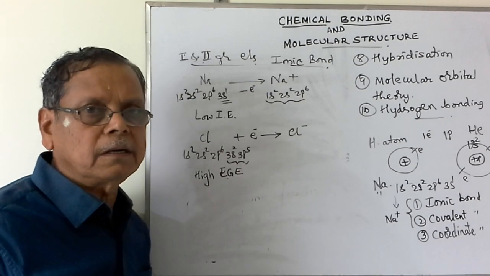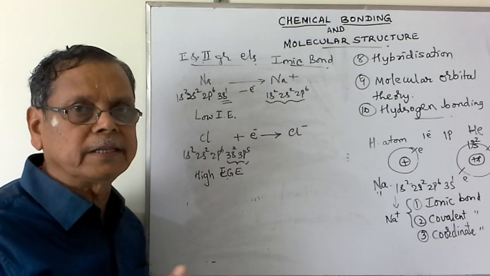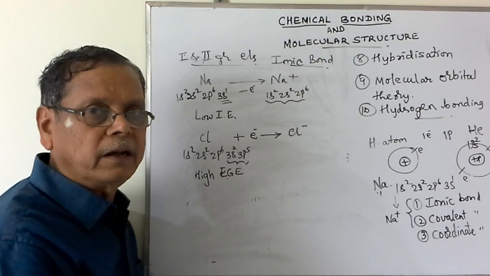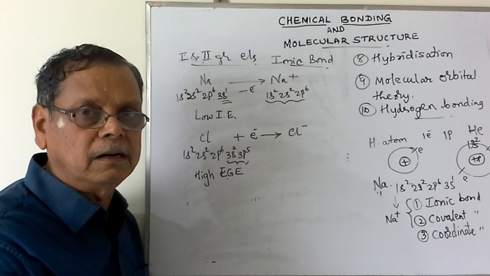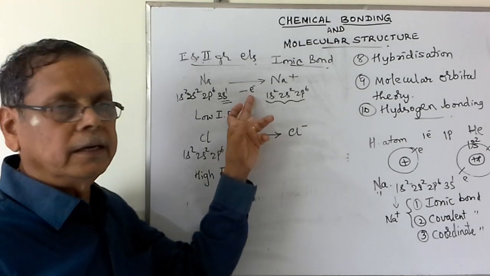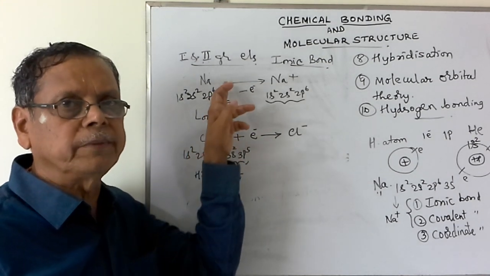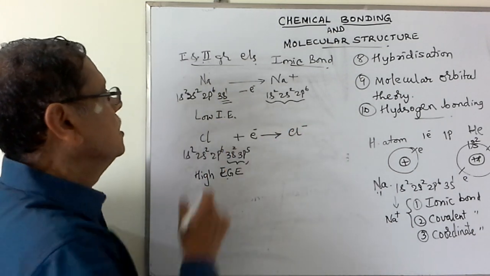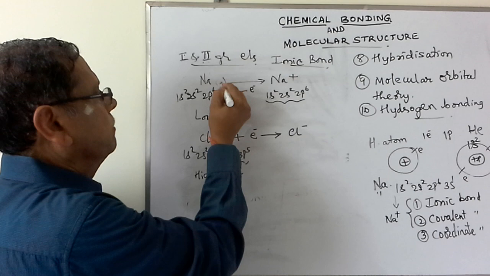In the chapter on the classification of the elements and the periodic properties of the elements, I have explained what electron gain enthalpy, ionization energy, etc. are. The energy required to remove 1 mole of electrons from isolated gaseous atoms is called the ionization energy. So consider 1 mole of sodium atoms in the gaseous state, instead of 1 atom.